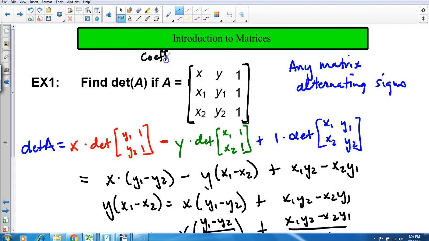So we just set up this 3 by 3 matrix based on the points that we're given. The x and the y are not arbitrary. They stay x and y. The rest of these are just points.